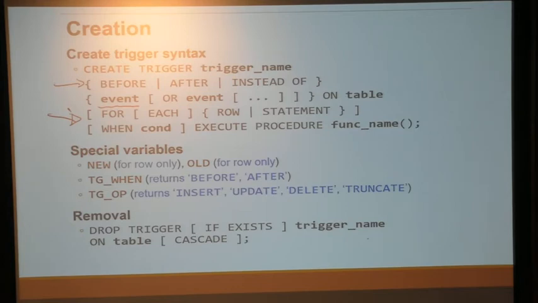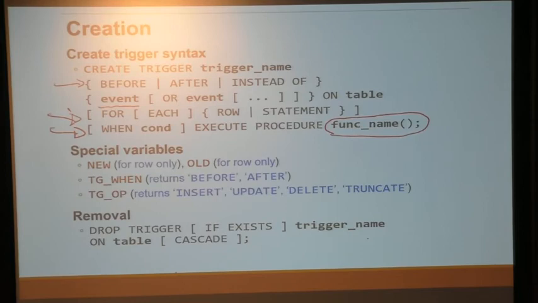Because you can actually attach a condition. There's this part, when. The trigger is only executed when this condition is satisfied. If the condition is not satisfied, then you won't trigger it. And this is what is going to be executed when the trigger is activated. There are a few special variables that you can use. The more interesting ones are new and old.